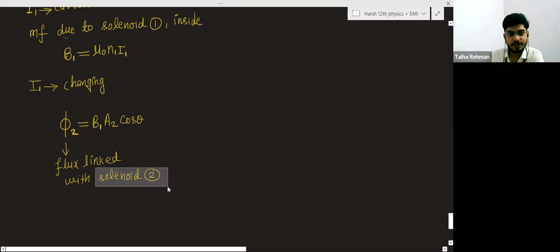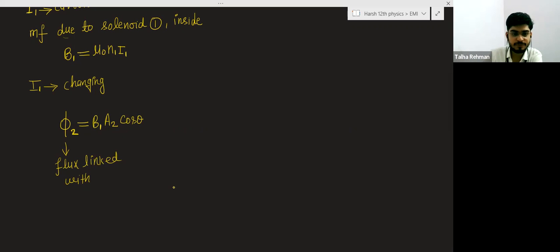You can write coil 2 here because initially we are calculating for one coil only. Flux linked with coil 2. Okay, this is the thing.